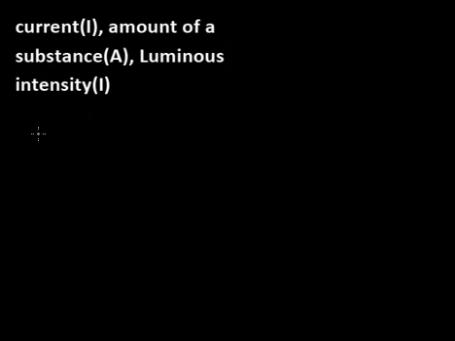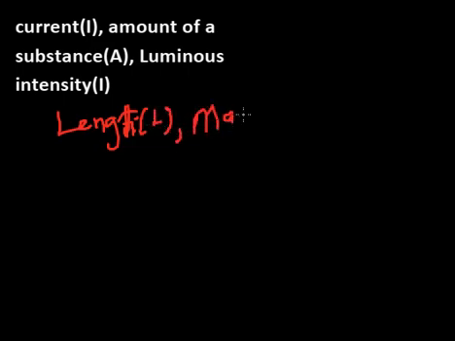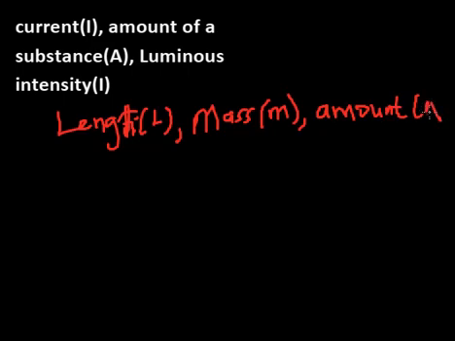We have the length, which is very important, and which we represent by L. We have mass, which we represent by M. We have amount of a substance, which we represent by capital letter A. We also have temperature and time, very important. But the most important are length, mass, and time.